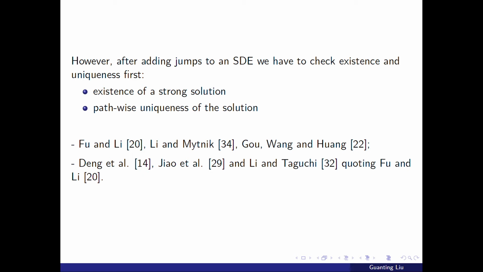You need to have a unique strong solution. That gives you equivalence between an SDE and a stochastic process. In full language, we need existence of a strong solution, and we also need pathwise uniqueness of that solution.